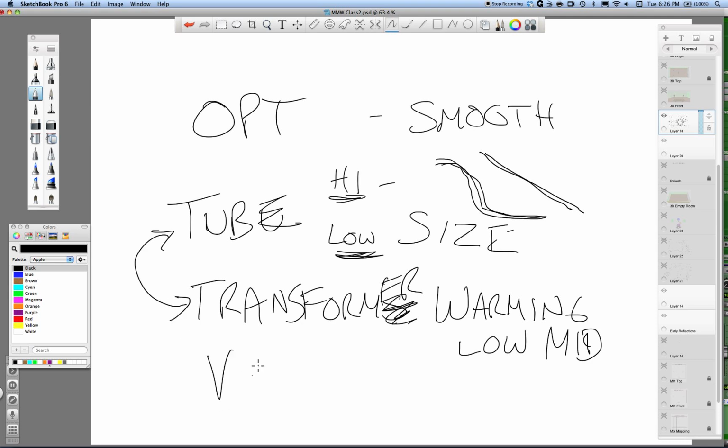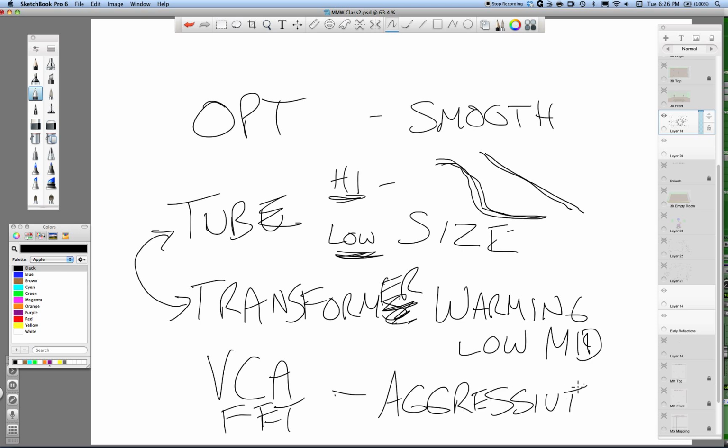You also have VCA compressors. VCA compressors and FET compressors give you one thing: very fast and accurate characteristics, and they can be very aggressive sounding. So when you want that pumping and breathing, heavy kind of compression, then VCA or FET compressors are the way to go, right?